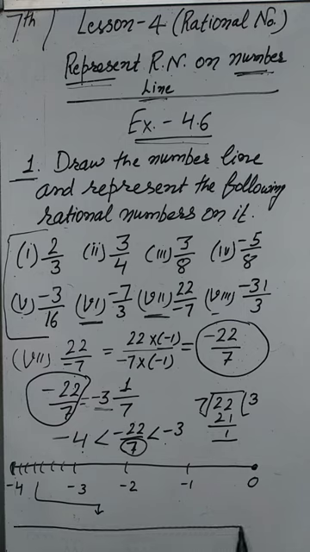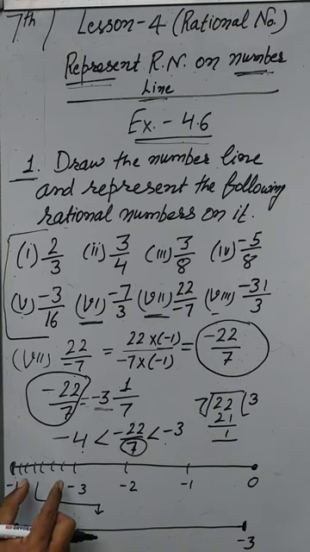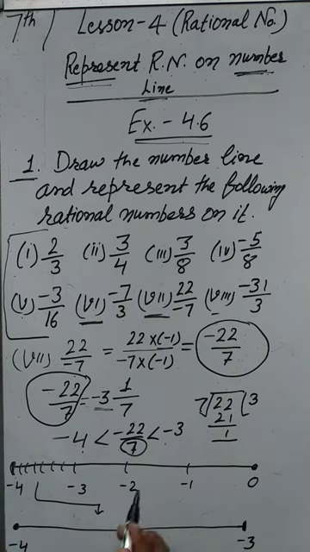You can increase the space on your notebook so that your numbers are clearly visible. Understood beta? This is minus 3, minus 4. How many parts have I divided the portion between minus 3 and minus 4 into? The denominator was 7, so you divide that portion into 7 equal parts, like here: 1, 2, 3, 4, 5, 6 and 7.